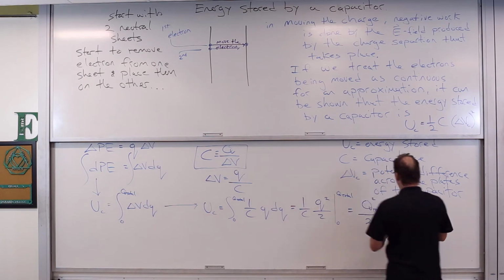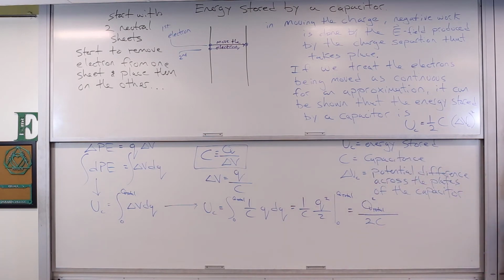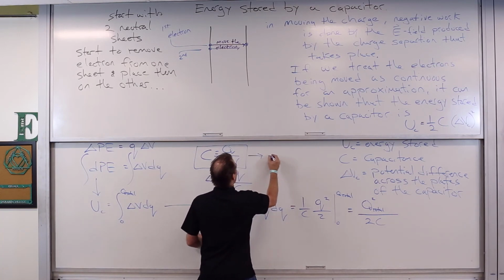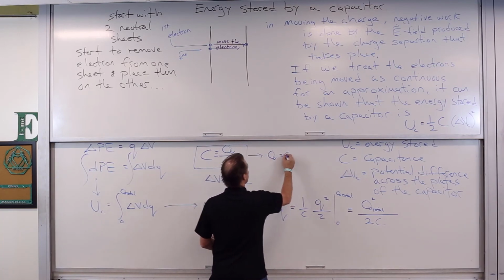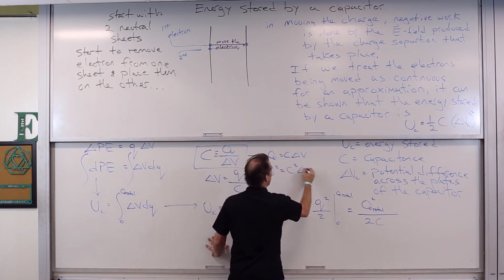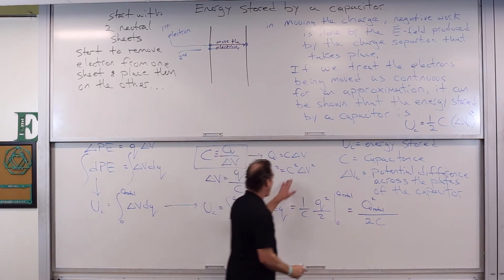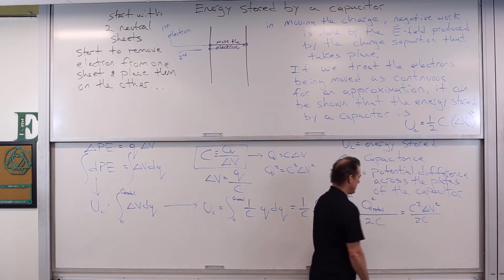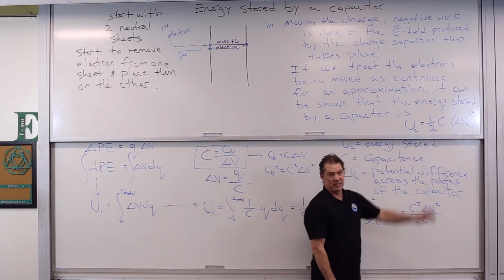So, what can we do with this? Well, we can show that this is equal to this. How? If we get rid of Q, we can take this expression here and say Q is equal to C times delta V, right? So Q squared is equal to C squared delta V squared. And if we put that in for Q, we've got C squared delta V squared divided by 2C. What is that going to equal? 1/2 C delta V squared.